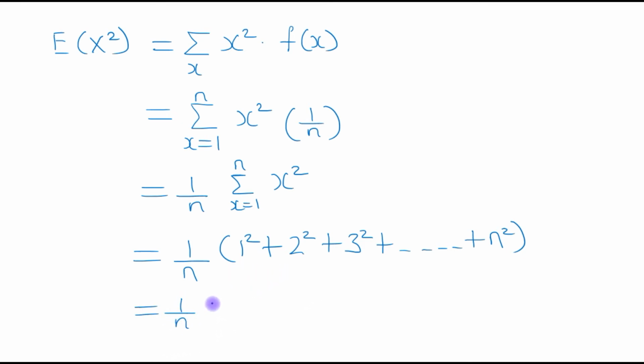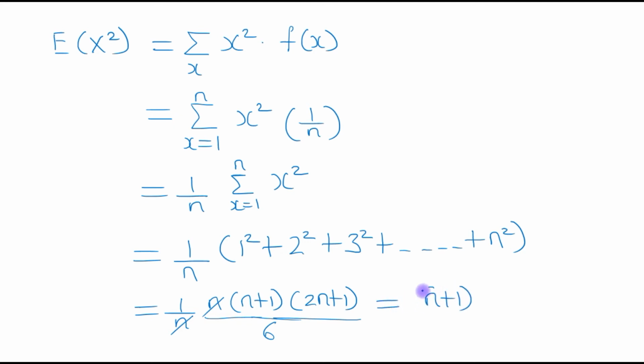This will become n into n plus 1 into 2n plus 1 upon 6. This will be cancelled out and it will be n plus 1 into 2n plus 1 upon 6.